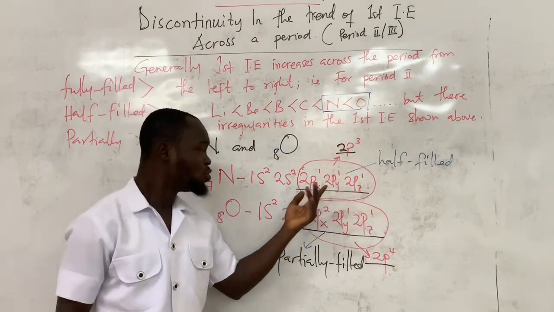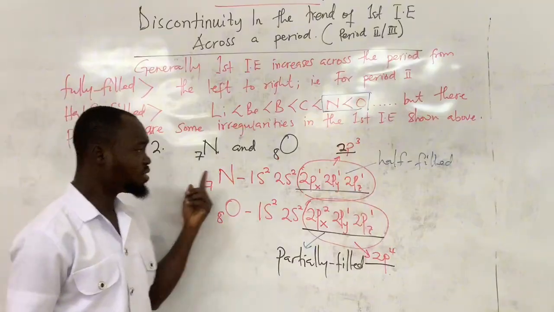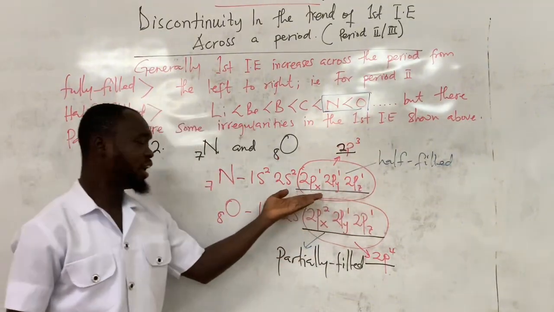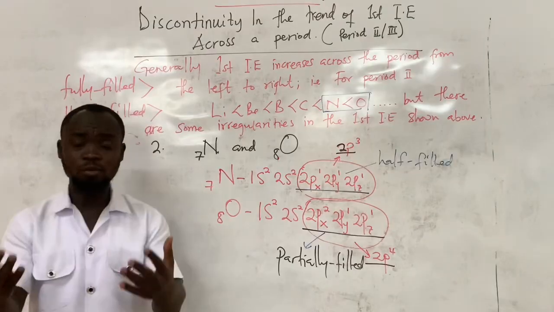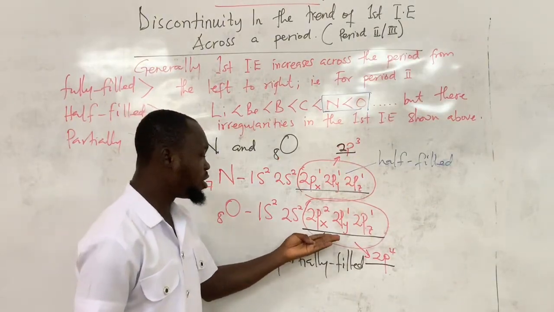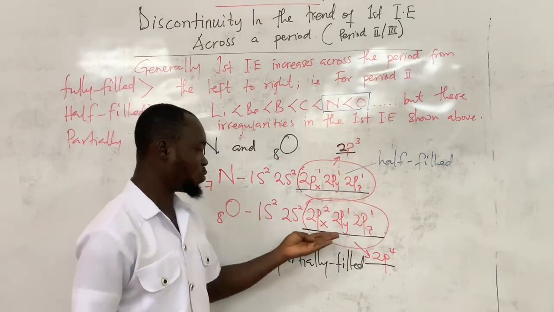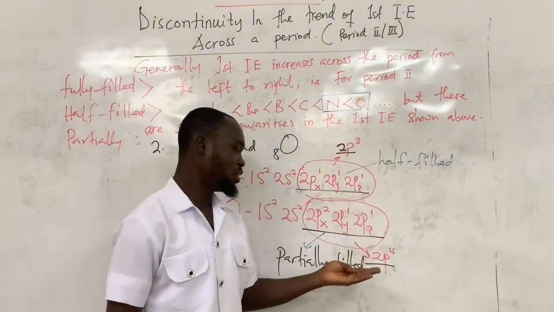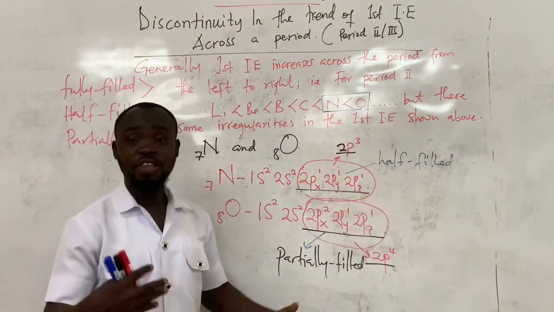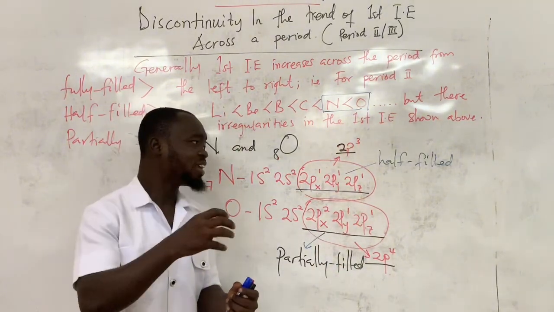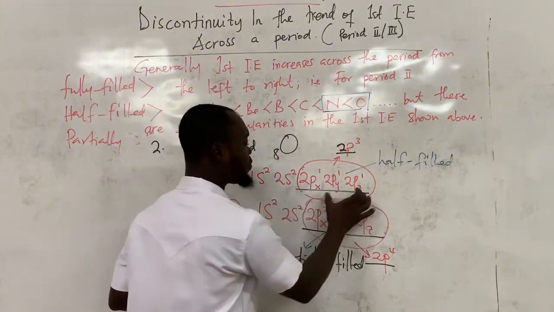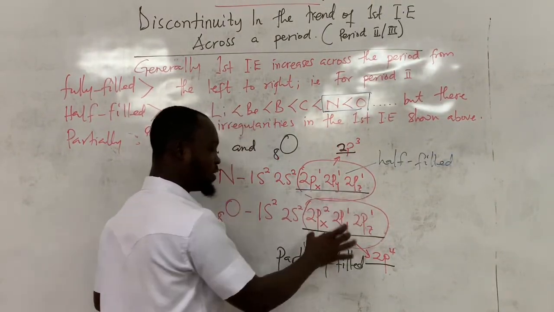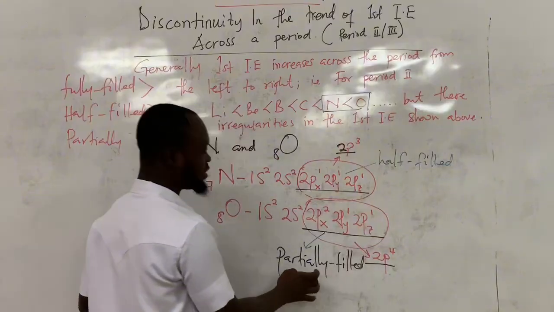Is that okay? So for nitrogen, since it has a half-filled electron arrangement in its 2p orbital, it is more stable than the electron arrangement in the oxygen, which corresponds to a partially filled electron arrangement. So therefore, much energy will be needed to remove an electron in the half-filled electron arrangement than the partially filled electron arrangement in oxygen.